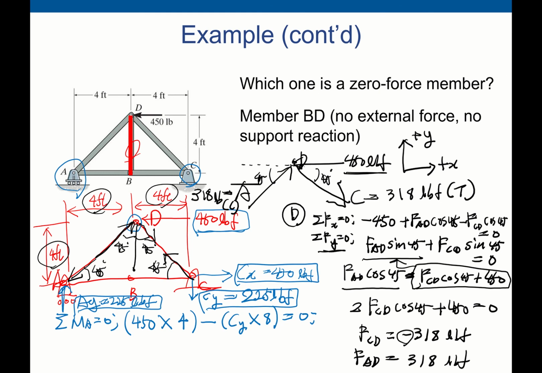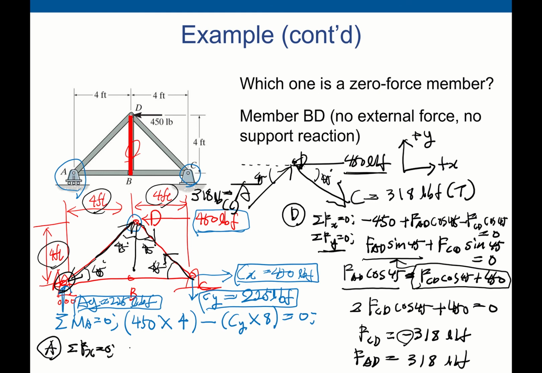Now we can move on to joint A. So I think we can just use one equation here. Sigma Fx.